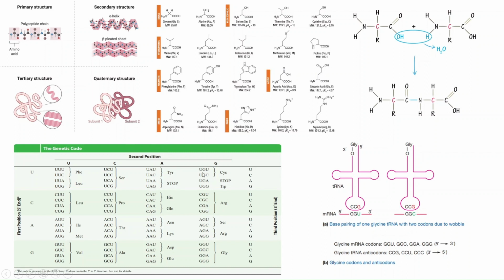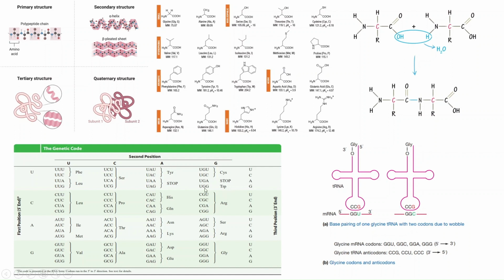Similarly, when you go for lysine, you can see you have AAA and AAG. Here you can see that AUG, which we know is the start codon, corresponds to methionine. Methionine is coded by only one codon. Similarly, tryptophan is also coded by only one codon.